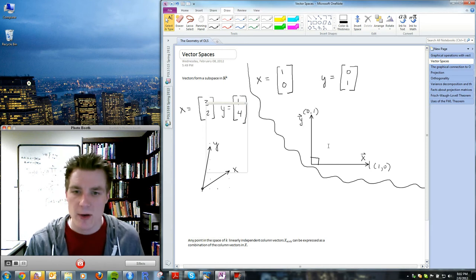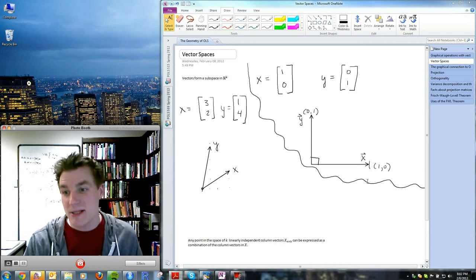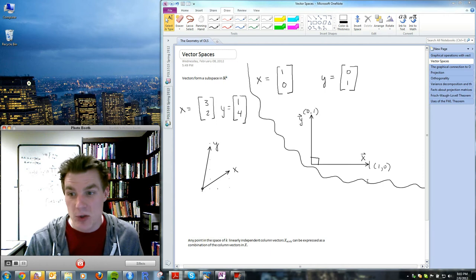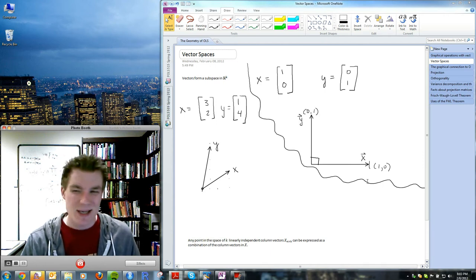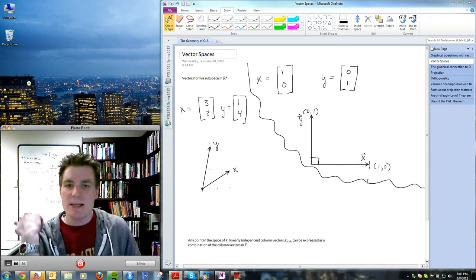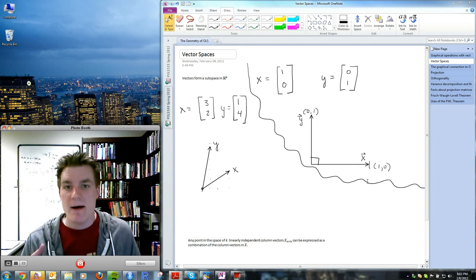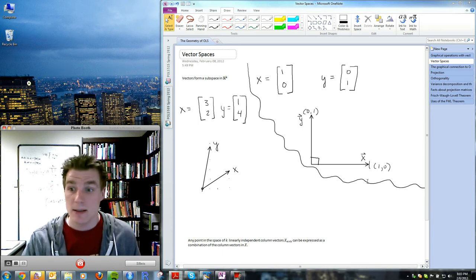The reason they're related is that it's going to turn out that we can represent points in the space of R2 using either coordinate system, and in some sense they're going to be equivalent to each other. So the takeaway point of this is that any collection of vectors you have can in principle form a subspace inside of the space of Rk, where k is the number of vectors.